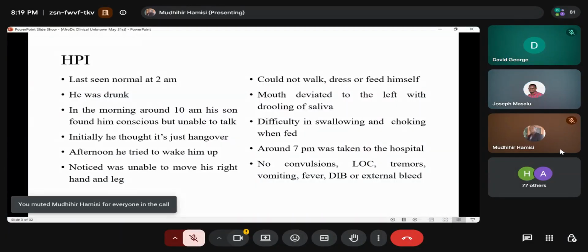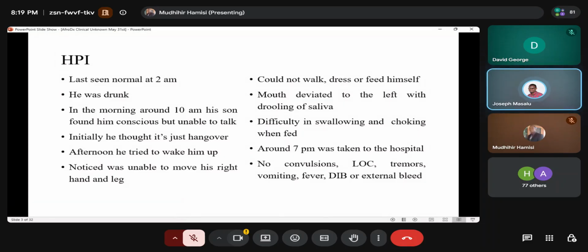Okay. So the patient was last seen normal at 2 a.m., and in the morning you find that the patient is unable to speak. It means, as I said, we know the duration in which the disease progressed from normal to completely abnormal, in a span of, I think, 8 hours.